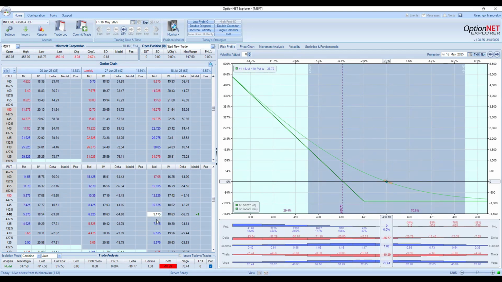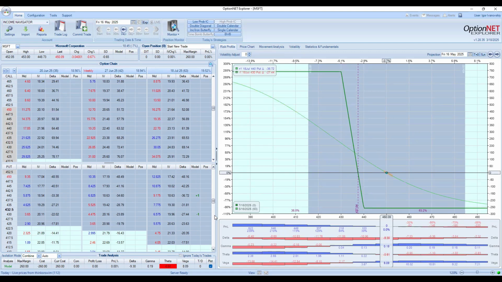So you may consider doing a vertical spread, right? Where you're buying a put option and then you're going further out of the money. So you spend $900 to buy the 440 put, and then maybe you go out 10 points further out of the money and you sell a put, right?